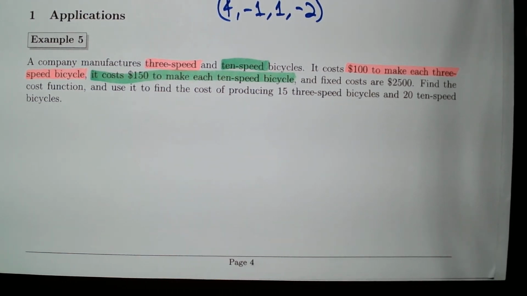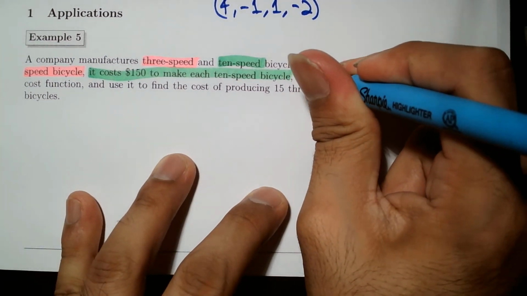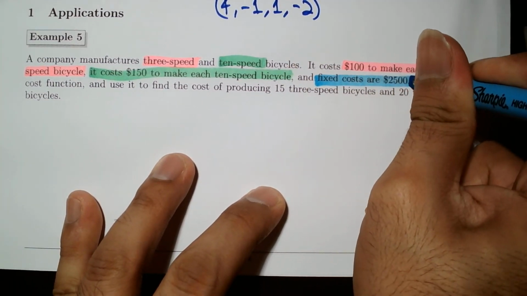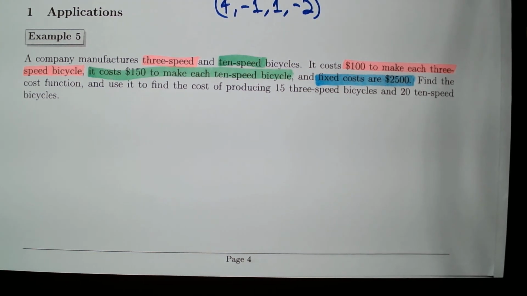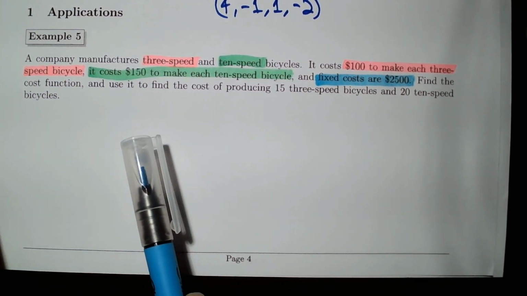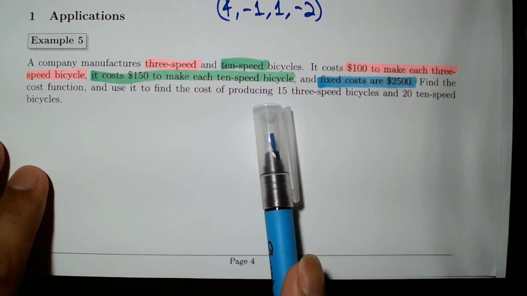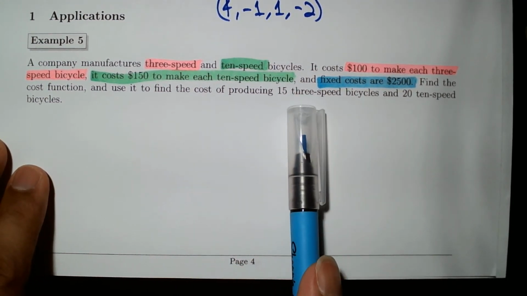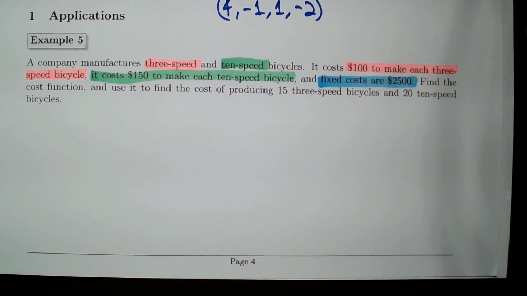So in this case, I'm going to highlight with another color. Let me use blue. Fixed cost $2,500. Find the total cost function, and use it to find the cost of producing 15 3-speed bicycles and 20 10-speed bicycles.